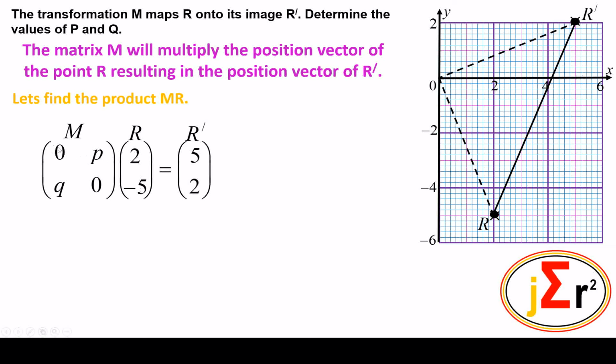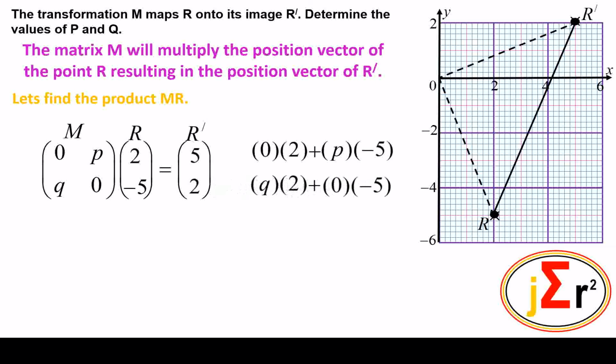So we'll have 0 times 2 with P times -5. Then we will have the second row by the column of R. So we will have Q times 2 with 0 times -5. There we have the products.